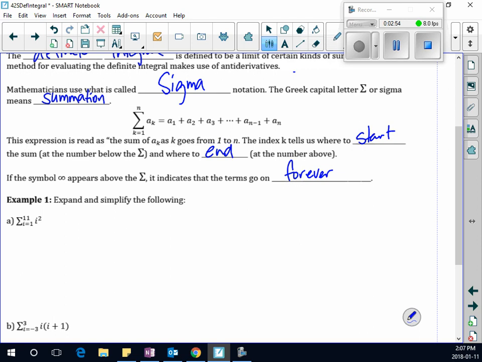If you remember from grade 11, geometric sequences, if the common ratio was less than 1, eventually you're adding smaller and smaller terms, and then it converges to a certain number. That's sum to infinity in grade 11.